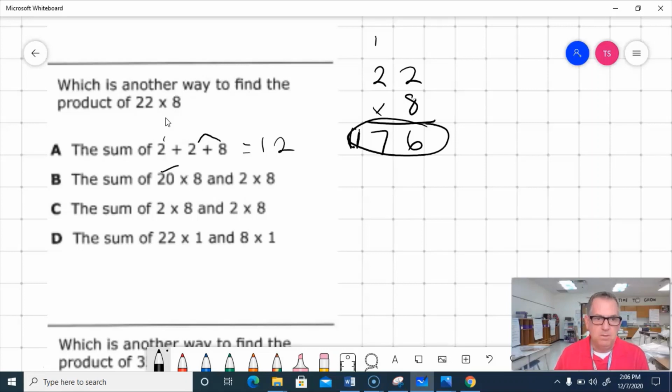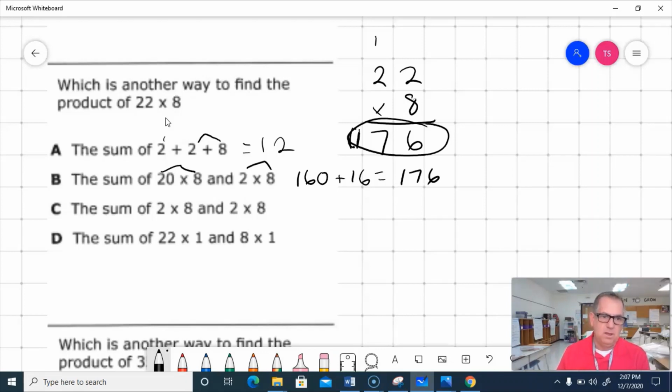I know 20 times 8 would be the same thing as 8 times 2, with a 0 to mark the place value, which would be 160, plus 2 times 8 is 16. So 160 plus 16 would be 176.